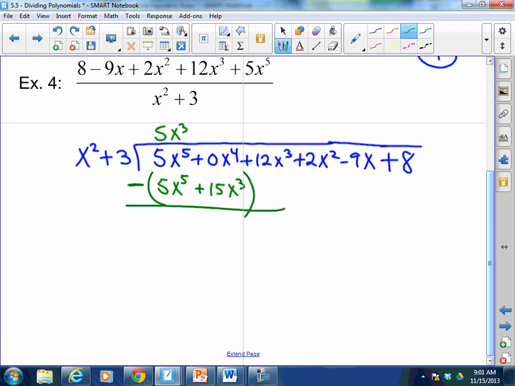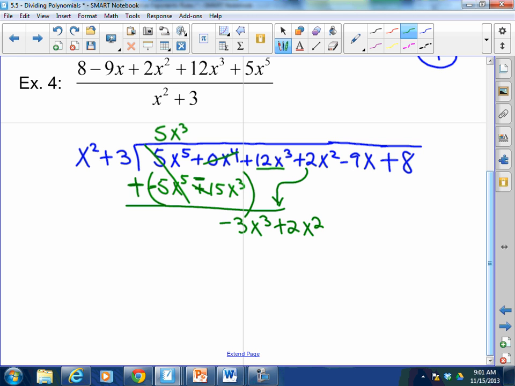I distribute my negative. The 5x to the 5th and 5x to the 5th, they cancel. I can't combine my 0x to the 4th with anything, so don't worry about that. What's 12x cubed, though, minus 15x cubed? Negative 3x cubed. Drop down the 2x squared.